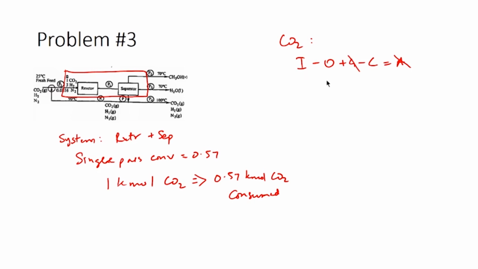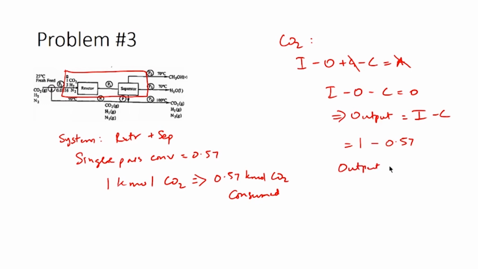So, you would have input minus output minus consumption equals 0, implying that output equals input minus consumption. We know that the input is 1 kilomole and consumption is 0.57 kilomoles, giving the output for CO2 as 0.43 kilomoles.